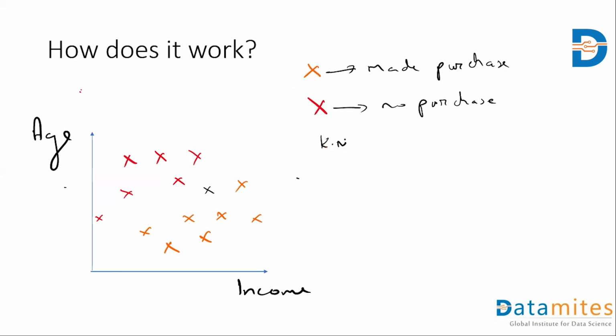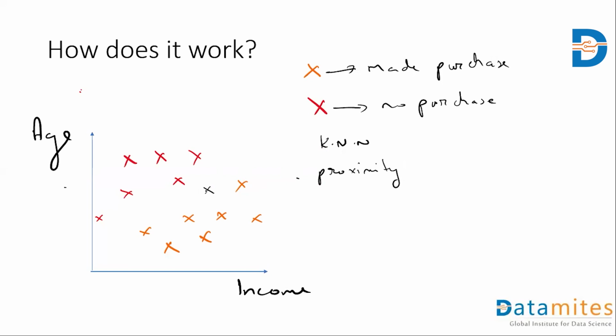So KNN works on the principle of proximity. What I mean by proximity is nearness, right? So the very first step that the KNN algorithm is going to make is to calculate the distance between the new data point and the existing data points, right?